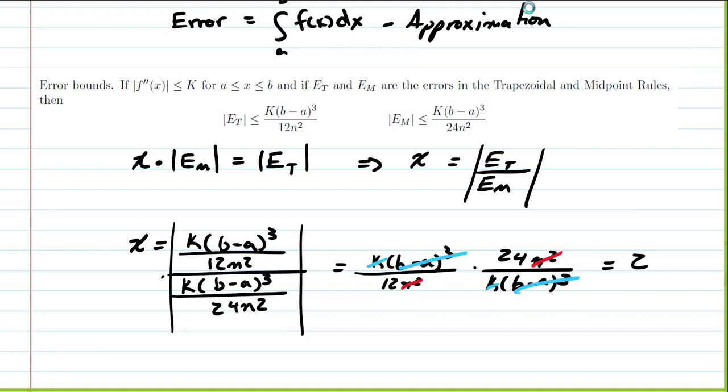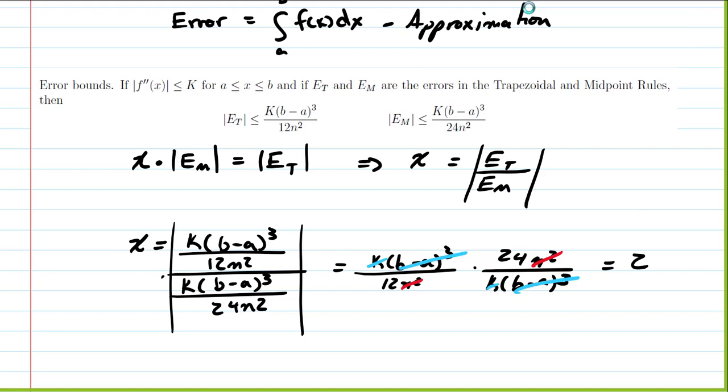So the error of the trapezoid rule is going to be about half as much, or it's twice as accurate as the midpoint rule. If you look at the denominators, you'll see that. If I multiply 12 by 2, I get 24, right? So for this one, it worked out fairly well.